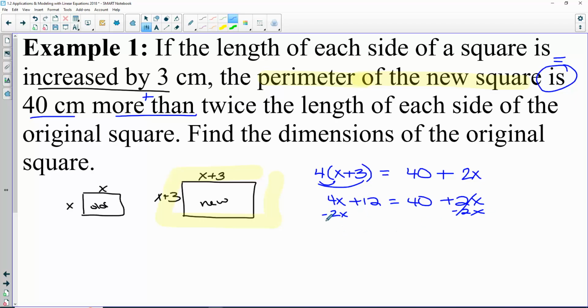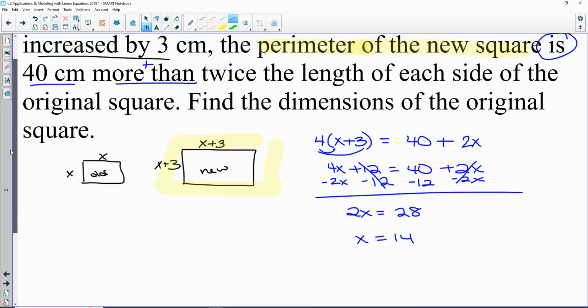If you don't, I'm not going to count off as long as you do it correctly, okay? So you can subtract over your 2x. Did you guys subtract the 12 at the same time? Would that confuse anybody if I did it? So we get 2x equals 28, divide by 2, so x is 14. If I'm ever skipping steps that you need to see, don't be afraid to tell me to show more work, okay? So did everybody get 14?